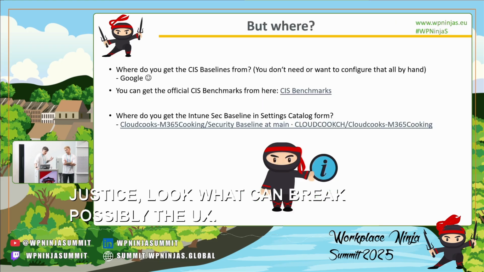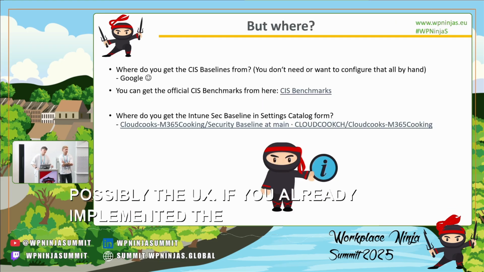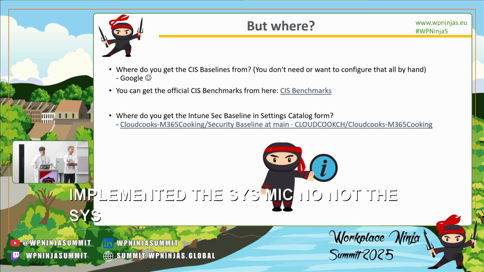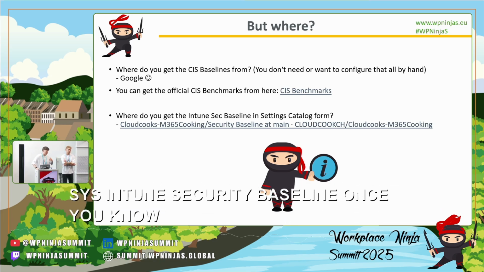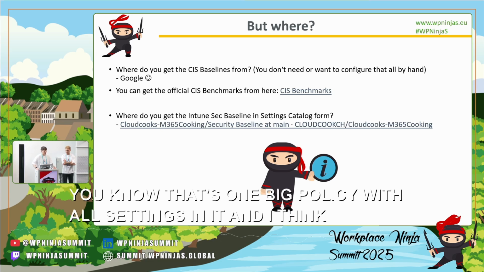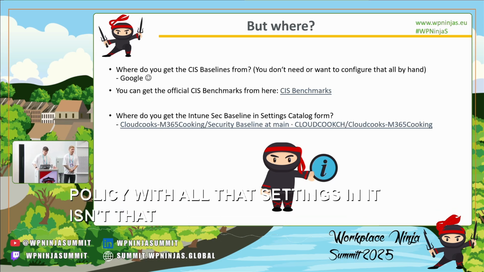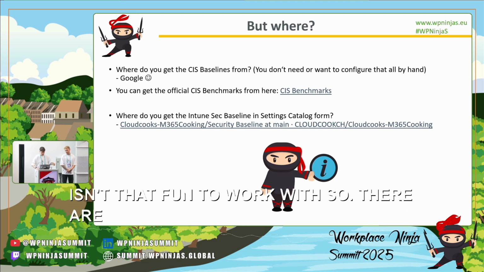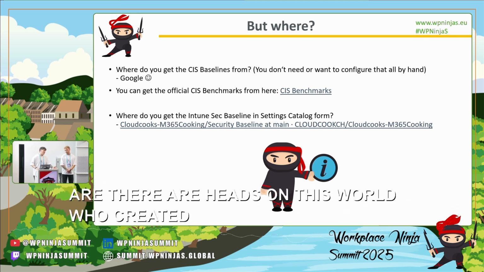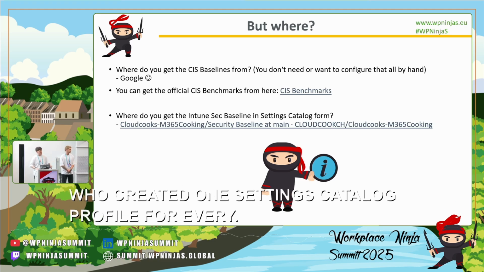If you already implemented the Intune Security Baseline once, you know that's one big policy with all settings in it. And I think one big policy with all those settings in it isn't that fun to work with. So there are heads in this world who created one settings catalog profile for every theme in the security baseline policy.